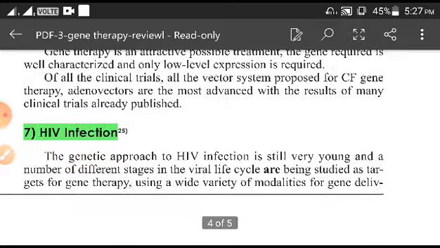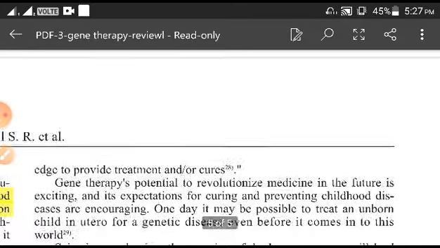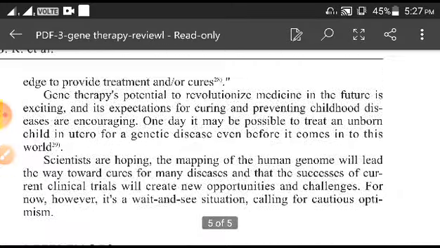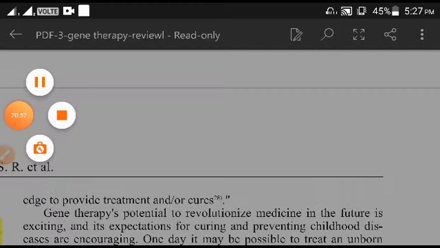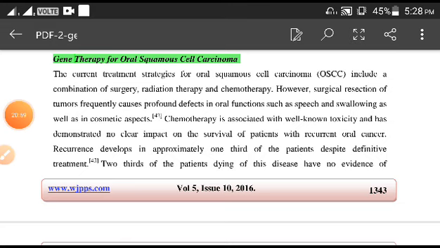Another is HIV infection. It has also been used for HIV infections. Another disease, which also belongs to the skin diseases, is gene therapy for oral squamous cell carcinoma.